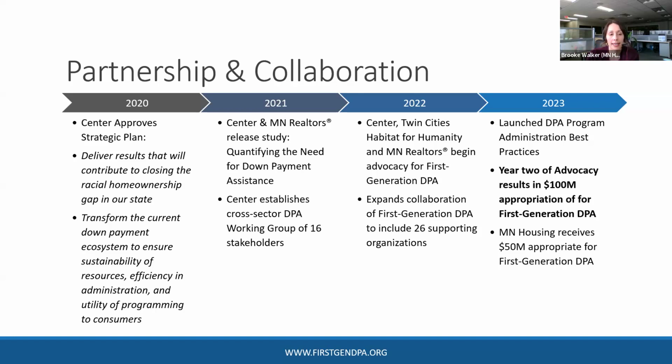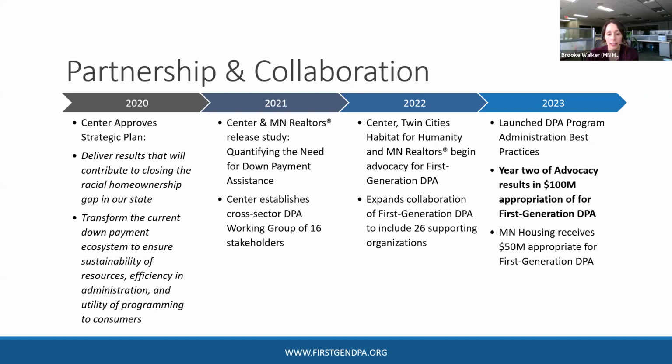Some of the things that came out of that strategic plan was this idea, again, to have more contribution to closing the racial homeownership gap in our state, and how might we use down payment assistance to support that goal. So in 2021, the Minnesota Homeownership Center, along with the Minnesota Realtors, released a study called Quantifying the Need for Down Payment Assistance.